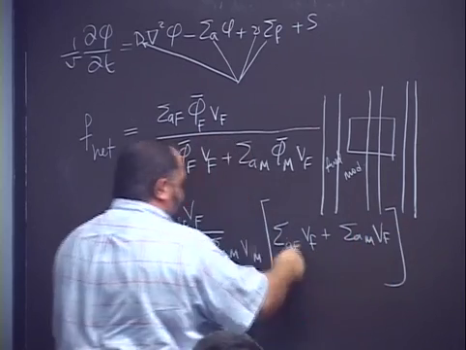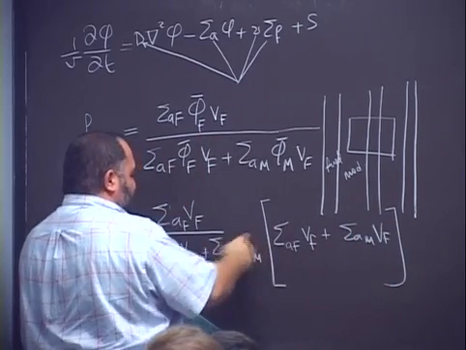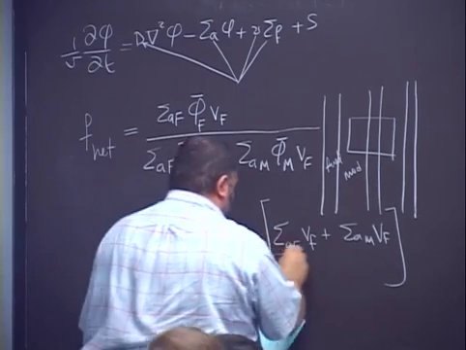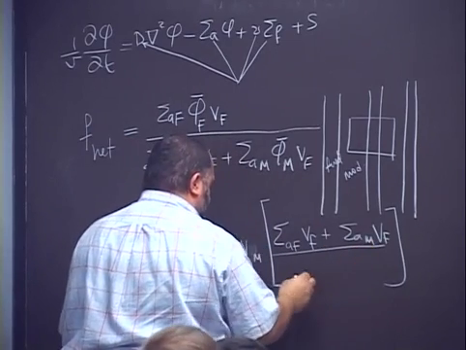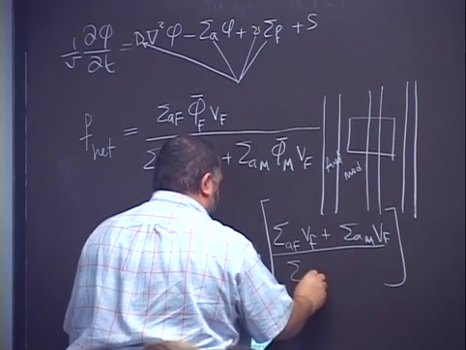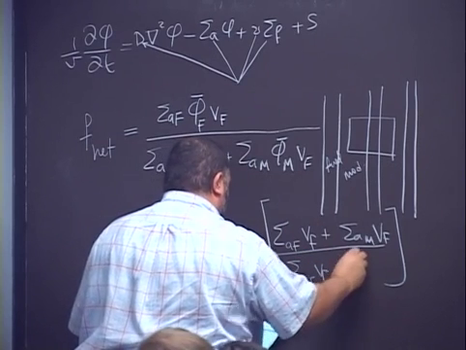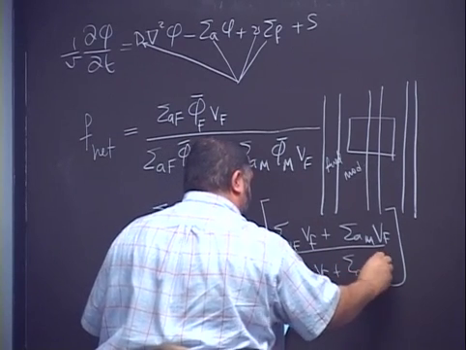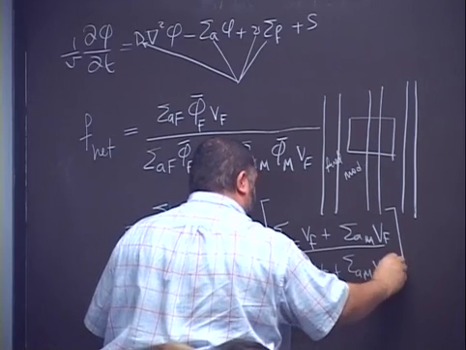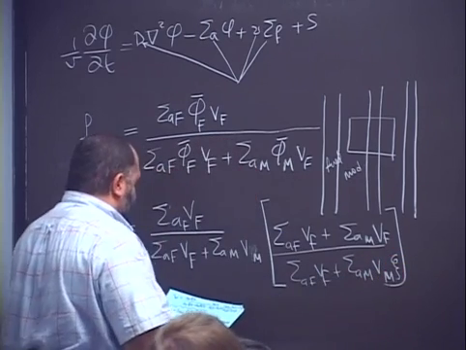So what we did is we multiplied upstairs and downstairs by the same quantity. And this one has sigma absorption of the fuel, V fuel, plus sigma absorption of the moderator multiplied by the V moderator multiplied by this Xc.